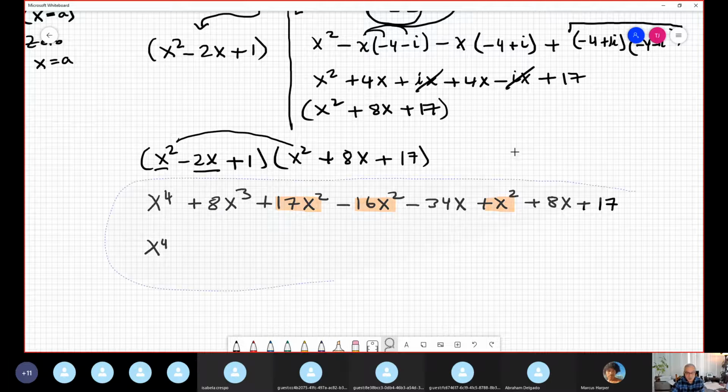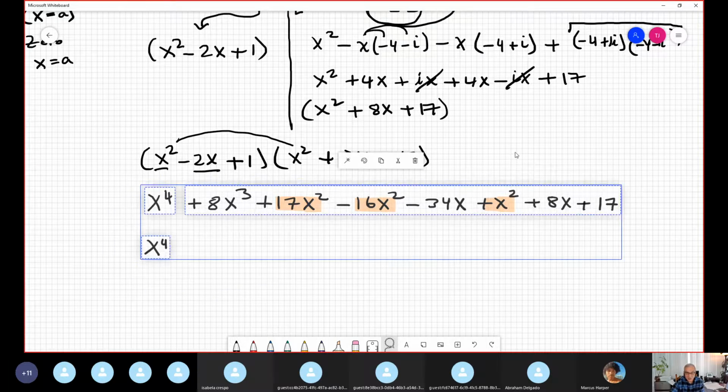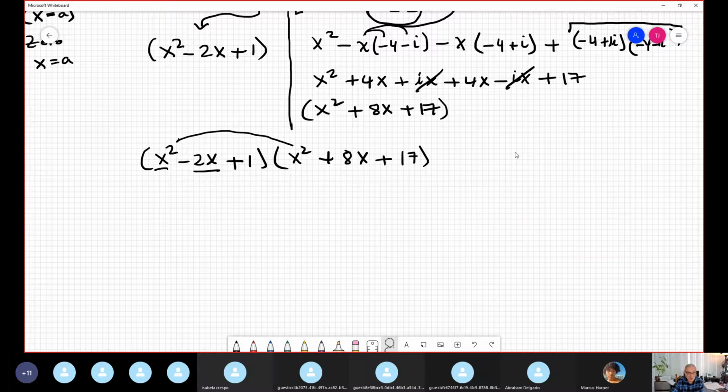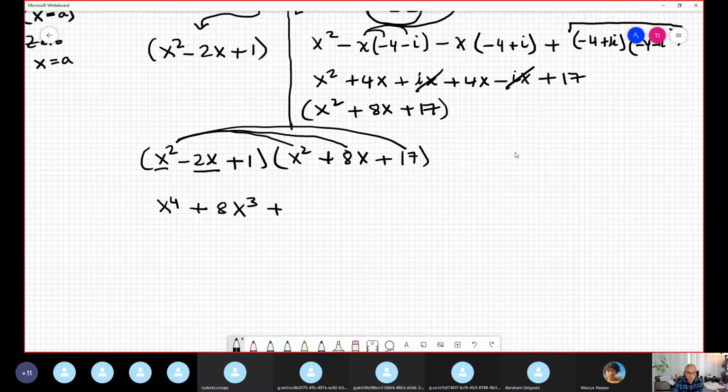This is a stupid mistake because this is mechanical. But okay, it's a mistake. Okay, let's do it quick. Slow down. X to the 4th power plus 8x to the 3rd power plus 17x to the 2nd power.